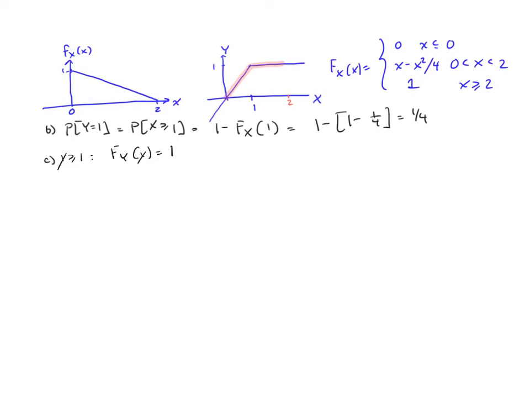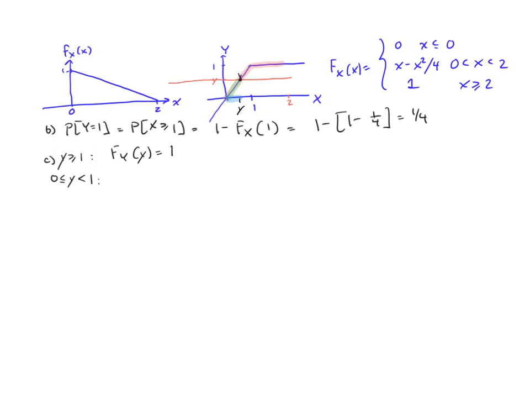Now, for the more difficult case, we think about y's between 0 and 1. And that corresponds to drawing a threshold here, y, and then asking what's the probability that our y is below that threshold. This corresponds to y being on this segment, and that corresponds to x being on this segment. Along this segment, y equals x, so this point here is x equal to y.